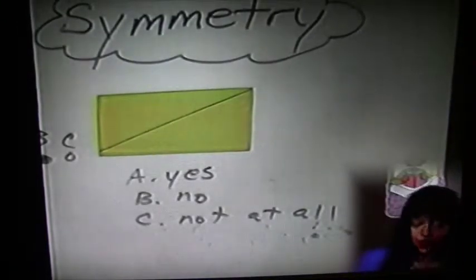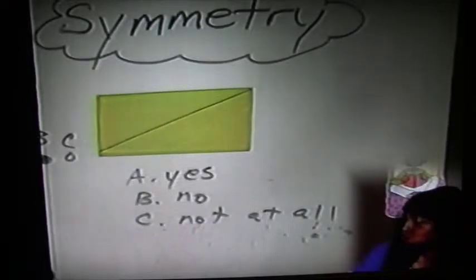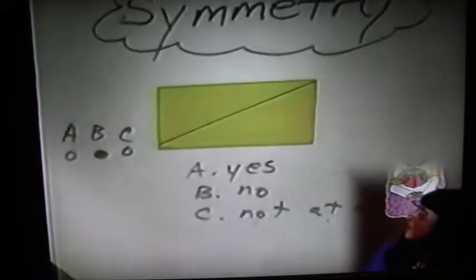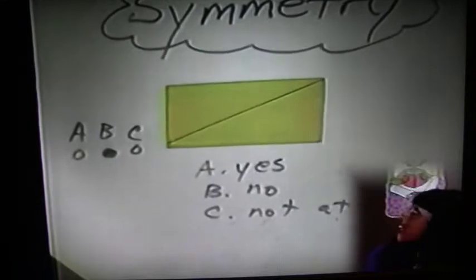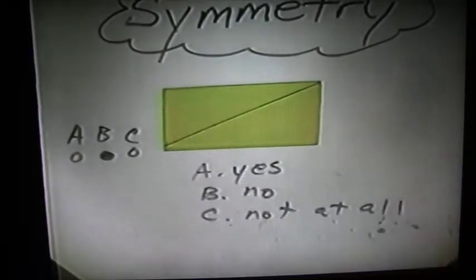So the answer would be no. Now, one more example of symmetry, and we're going to move on to naming some other terms that might help you during your math times.